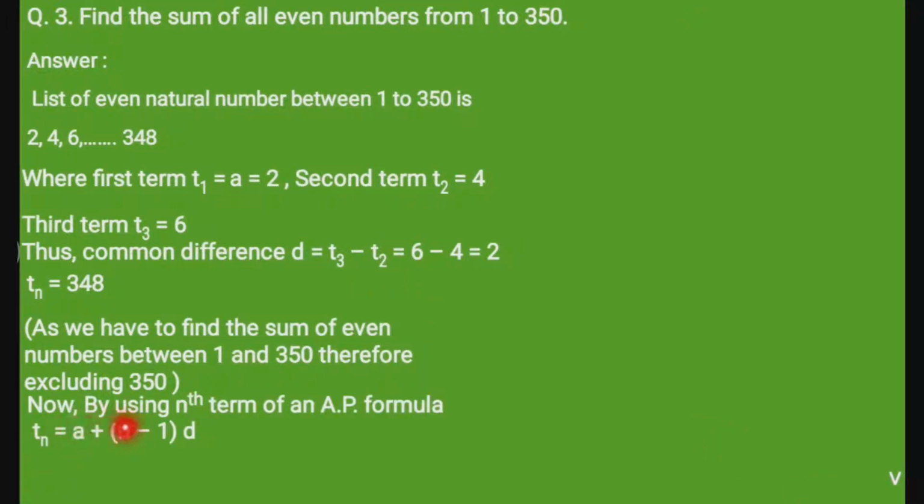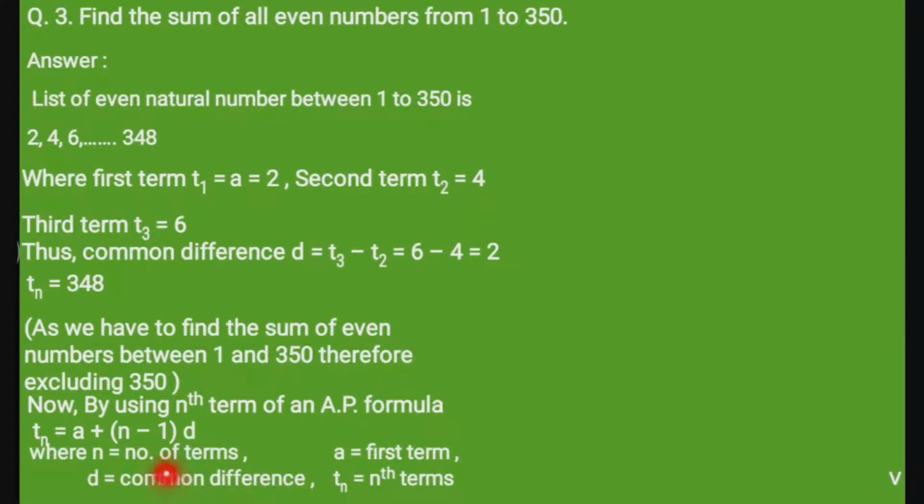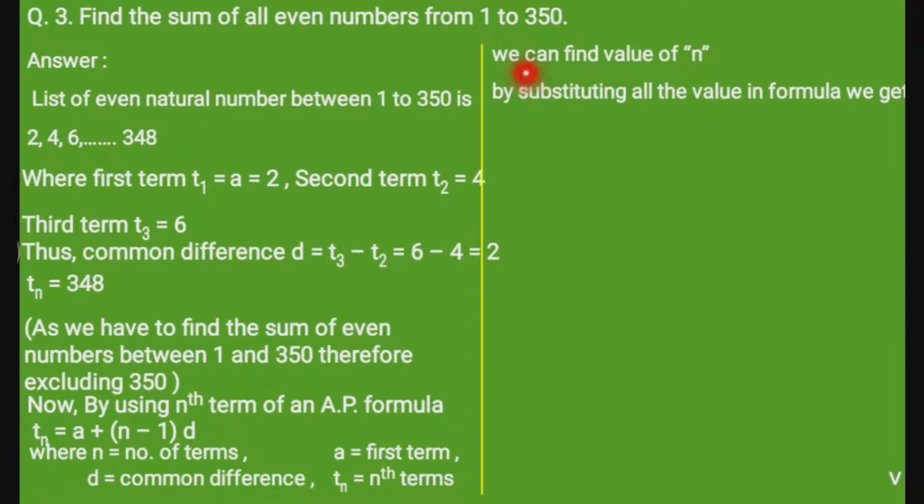Now by using nth term of an arithmetic progression formula, Tn equals to a plus (n minus 1) into d, where n is the number of terms, a is the first term, d is the common difference, and Tn is the nth term. So we can find the value of n by substituting all the values in the formula.